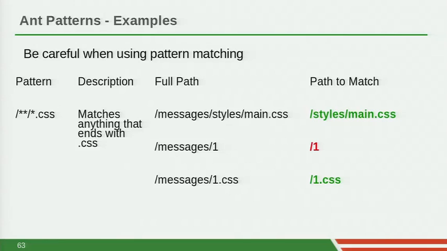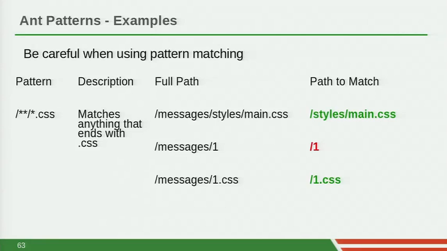So one of the things that we mentioned earlier is URL-based security can be kind of fragile. And so it's very important to be careful and understand what patterns you're matching on and what patterns you have mapped your resources to. So let's take a look at this pattern, /**/*.css. This matches anything that ends with .css. So /styles/main.css, it matches.